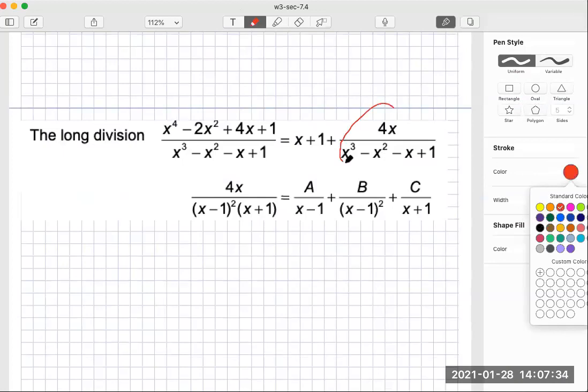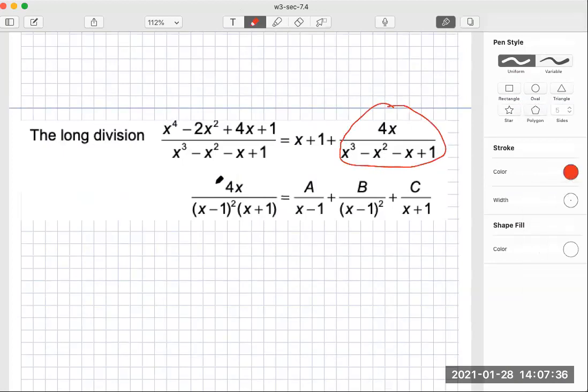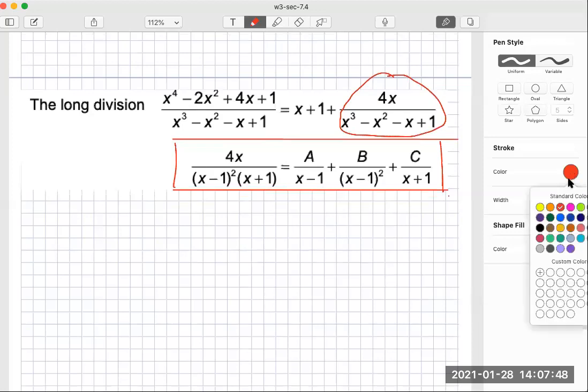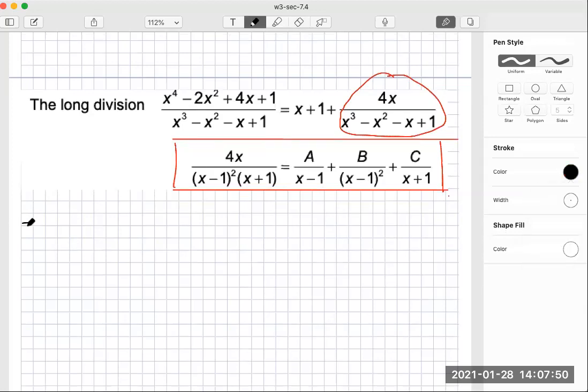We want to write this in terms of this. Okay? Then let us follow the WebAssign instruction. If we multiply both sides by the denominator, what do we have? The left-hand side will be?